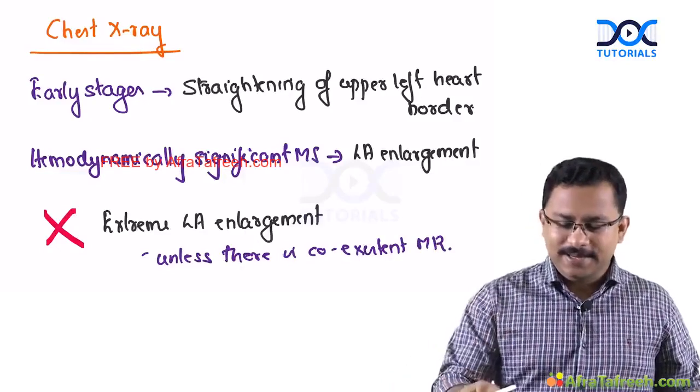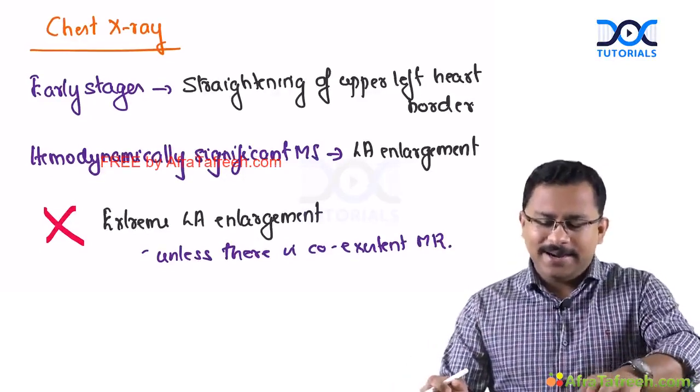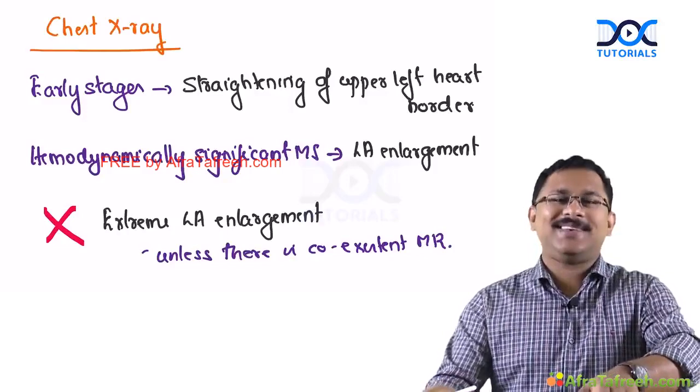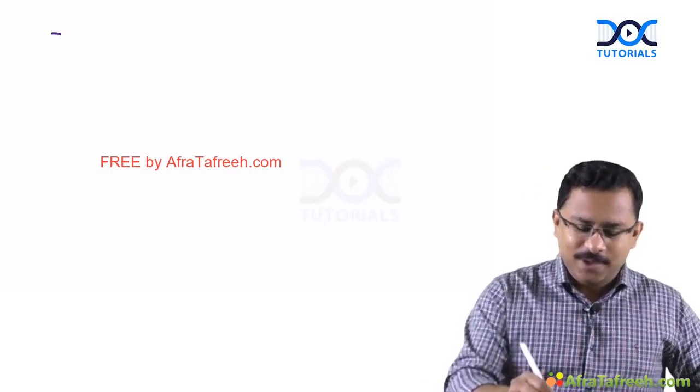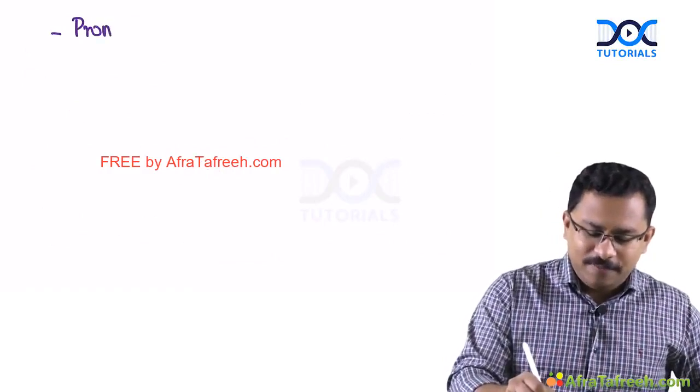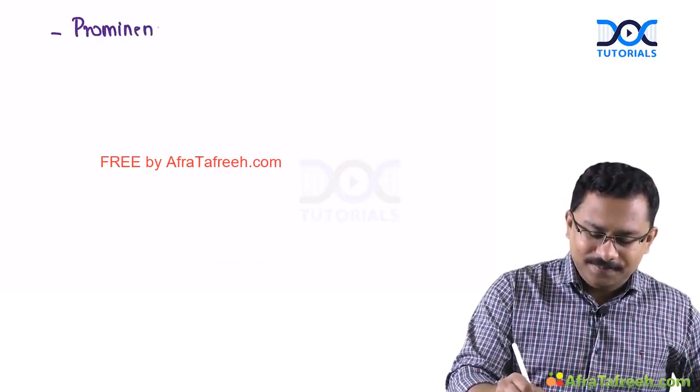Okay, very clear. So, what are the other radiological findings associated with mitral stenosis? One is the prominence of the main pulmonary artery.